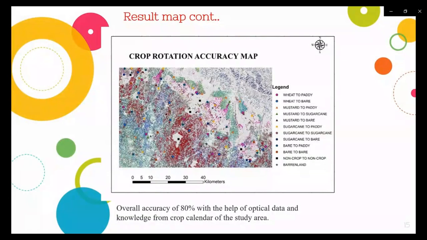And the crop rotation accuracy map shows the overall accuracy of 80% acquired with the help of optical data and knowledge from the crop calendar of the study area.